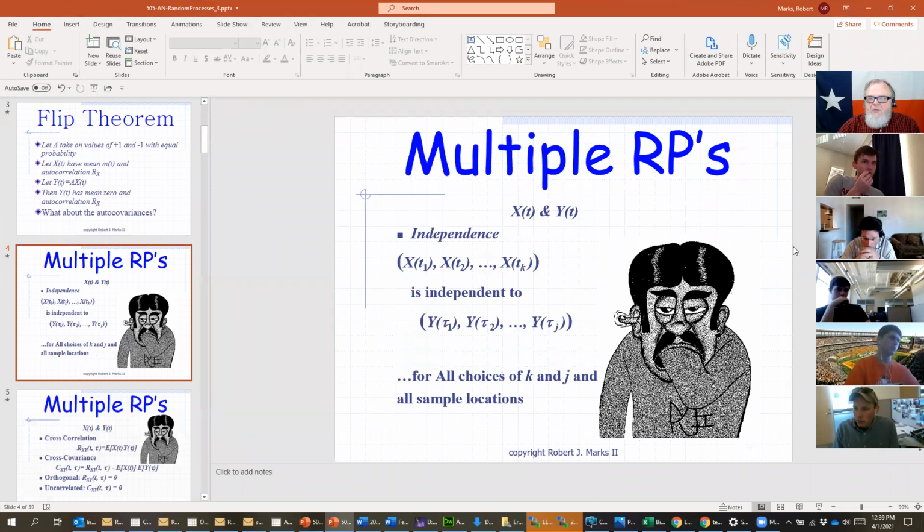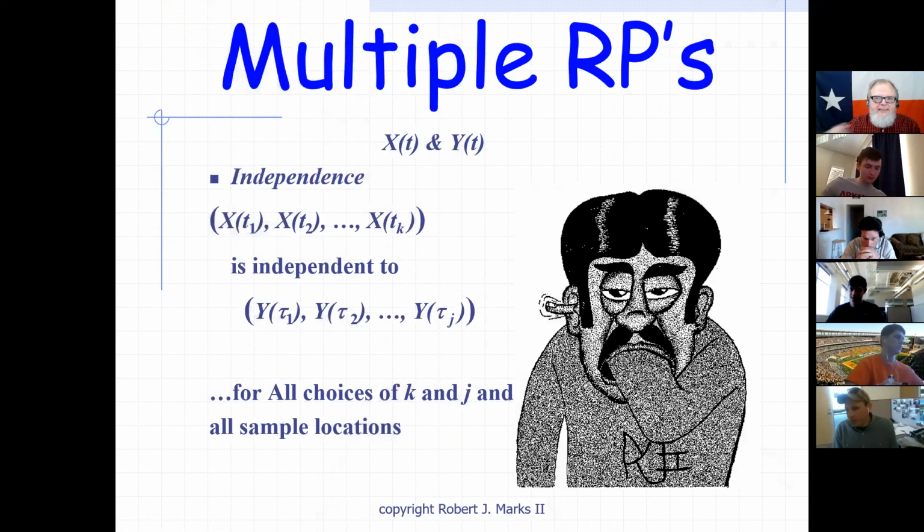So let's do that. We can talk about multiple random variables. For example, we have x of t and y of t. These are two stochastic processes, and we can typically, not always, but we can assume here that they are independent of each other.